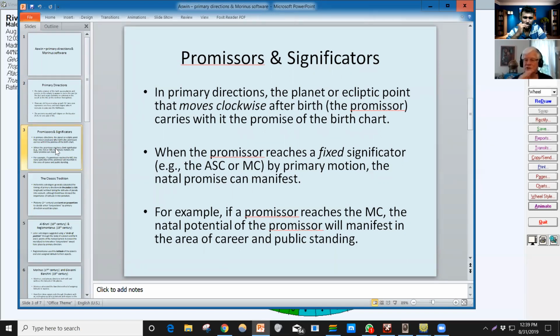So if it reaches the midheaven, something in public view, perhaps related to career. If it reaches the ascendant, something related to your health, your body, your life force. The descendant, something that opposes the ascendant, could be death or illness or sometimes travel, and so on.